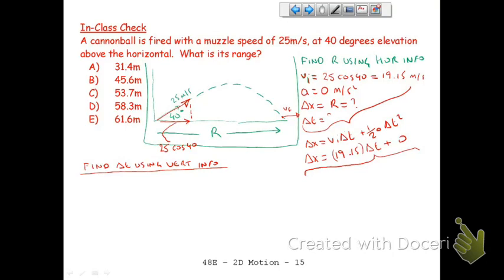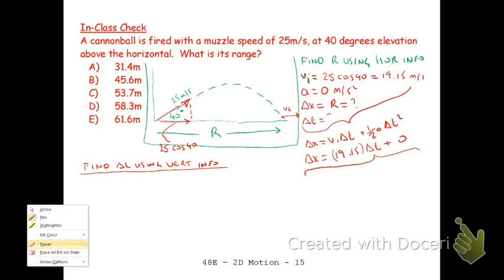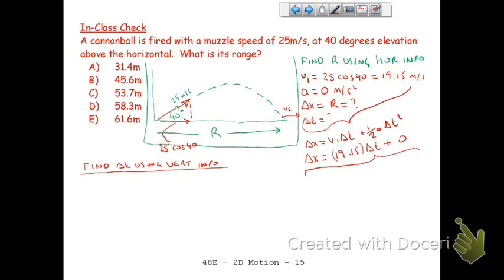So now I'm thinking in the Y direction. And I make a list. VI is equal to 25 sine 40. And that equals 16.07.